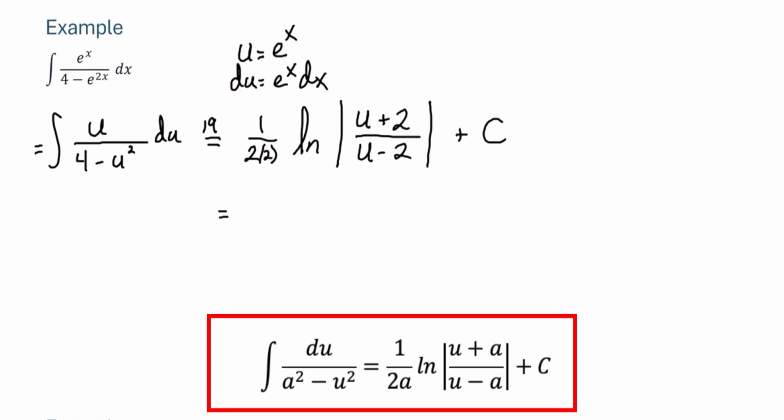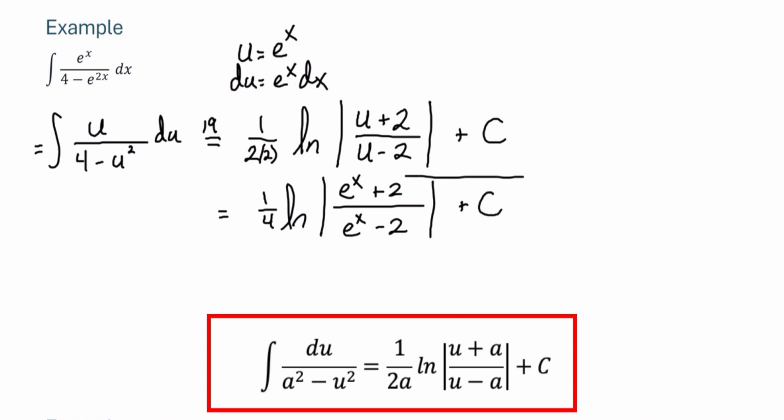Now we'll just go in and simplify. We have 1/4 natural log, absolute value. Replace the u with, in this case, we said u was e to the x. Do that again in the denominator. Replace u with e to the x. Add that plus c. And we've got it.